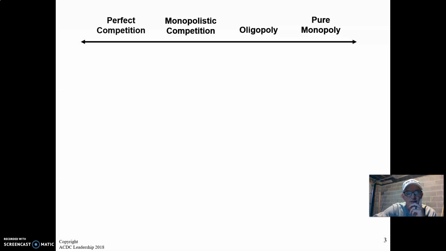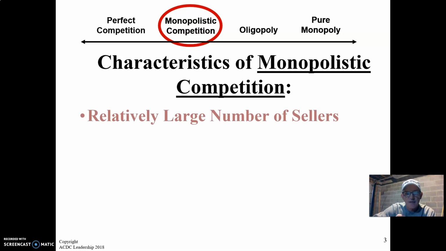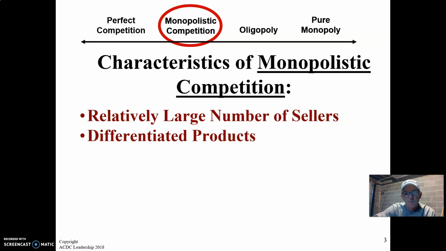Okay, so once again, let's look at it on the scale. If we notice it's a little bit more towards perfect competition, at least on the line that we have up here. And just as a quick reminder, the characteristics of monopolistic competition: there's a large number of sellers. They do have differentiated products.